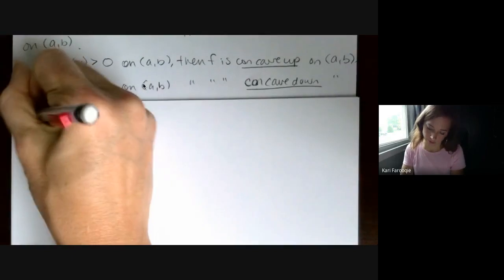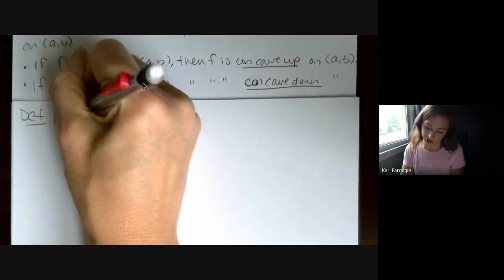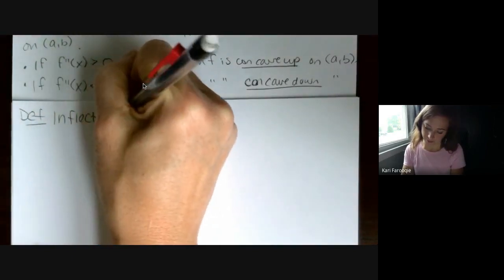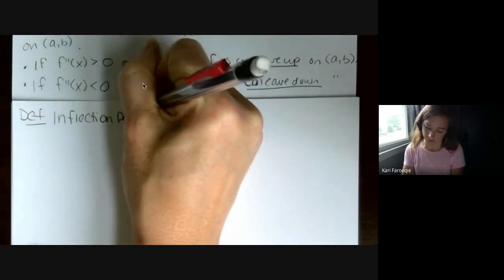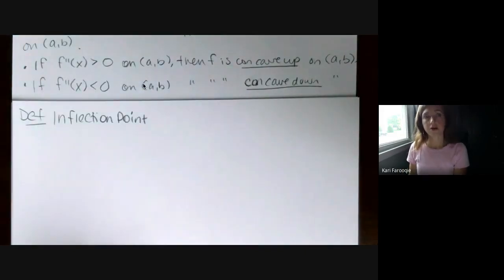Definition. Inflection point. Suppose f is differentiable in the open interval from a to b containing c.